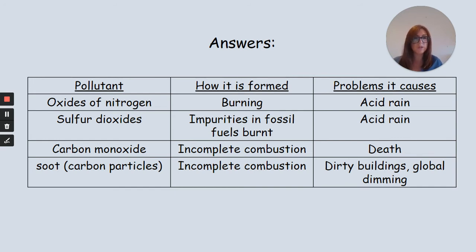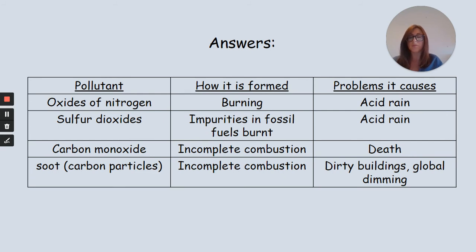There tend to be more of these in areas with higher levels of pollution, because oxides of nitrogen can also be created in the internal combustion of cars. So they're formed by burning, and the problems that they can cause are acid rain, but also problems to your health as well. We're going to talk about that with sulfur dioxides because they can also cause the same issues.